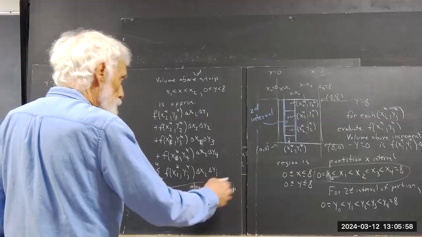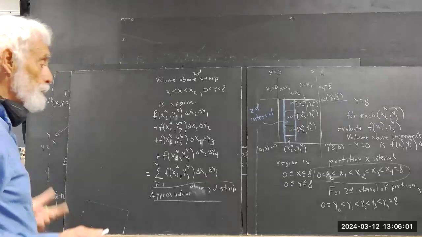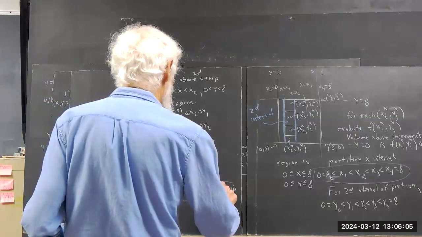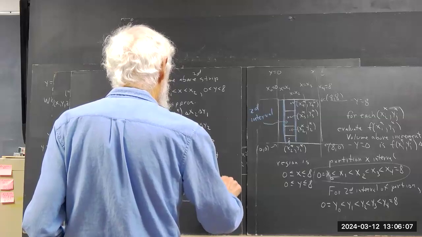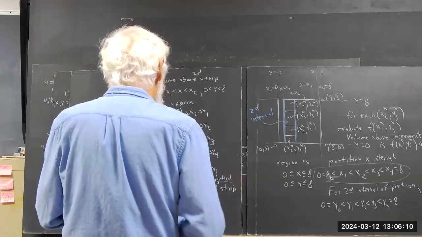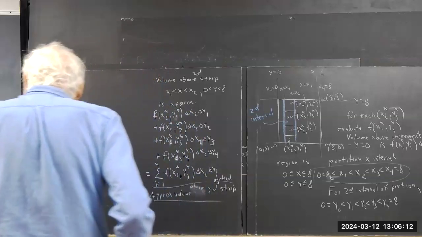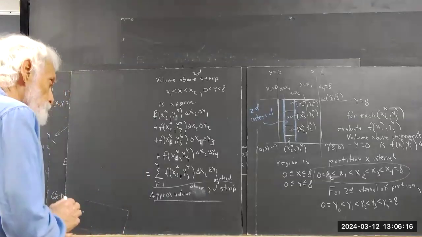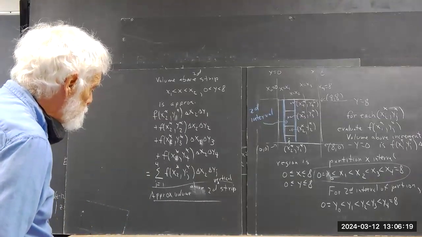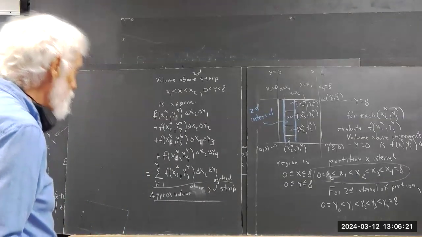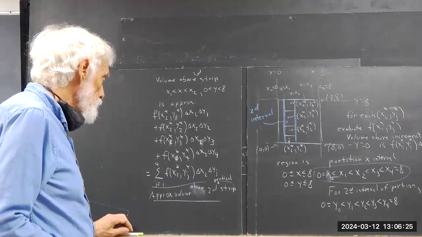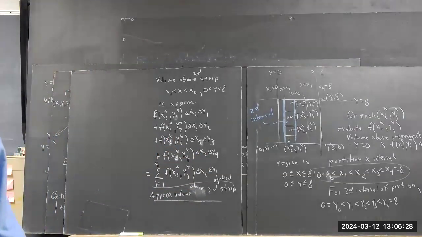I should say the second vertical strip. Okay. Now, what's the total volume? Think about this, digest it a little bit. How would you write out an expression for the total volume above all 4 strips?